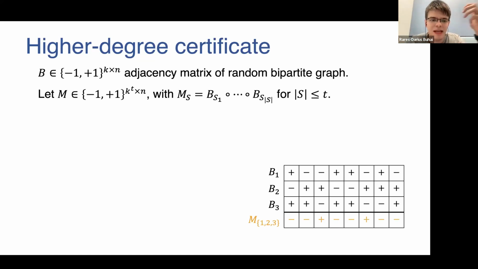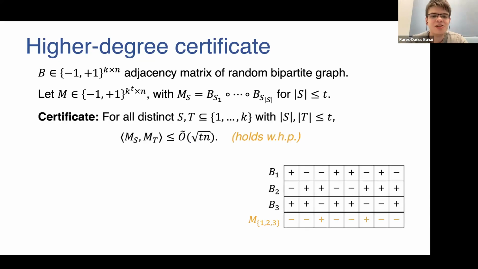So we created this big matrix M. And as a certificate, we use the following. We use that the inner product of any 2 rows of M is at most √t times n. So for us, t will be a constant. So we're basically saying that it's all at most like √n. So basically that these rows continue to have an inner product that looks random.